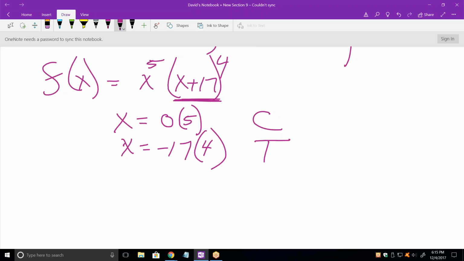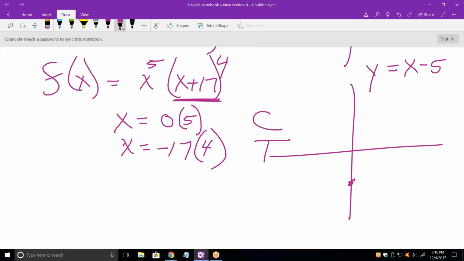And if you forget which is which, even take a linear. You don't have to take a quadratic. If you write the equation y equals x minus 5, that starts here and has a slope of 1, so it goes like this. It crosses the x-axis. And clearly, it's only going to have a multiplicity of 1.